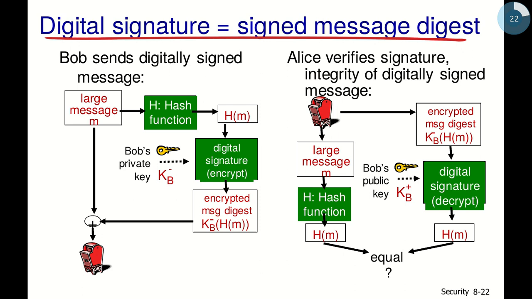Now it is just a little bit of a modification before we take the signature. So now we have the large message. Before we apply the digital signature to the message, first we create a hash of this message, or the digest, by using a hash function, and then instead of digitally signing the message itself, we sign the digest of the message.